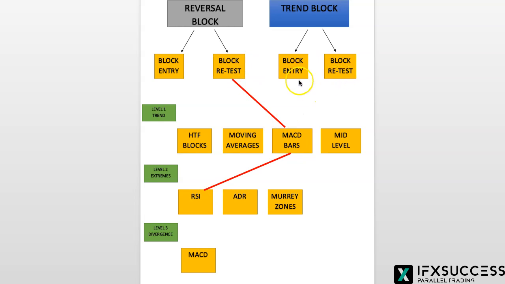Or you can also have regular block entry on the 1 hour using Murray zones. If it reaches that level under the Murray zones, then it's going to enter for you. That way you don't have to be stuck on the computer all day, and you just wait until those entries happen.